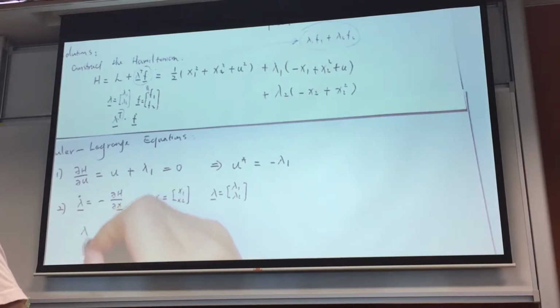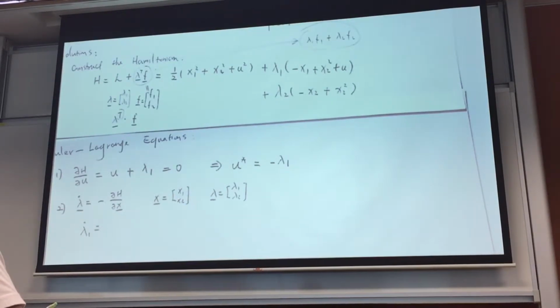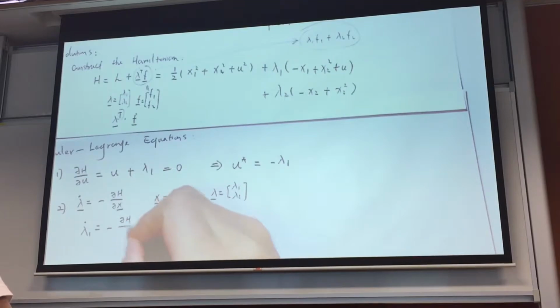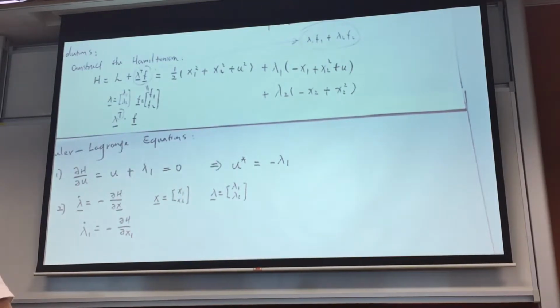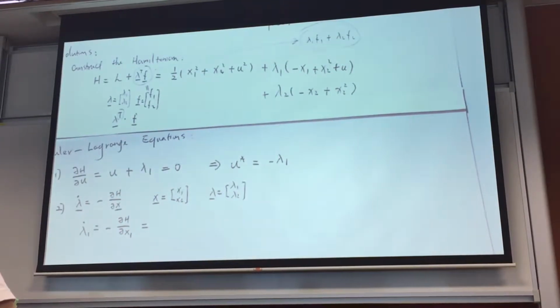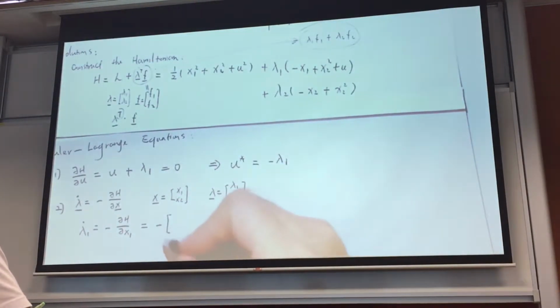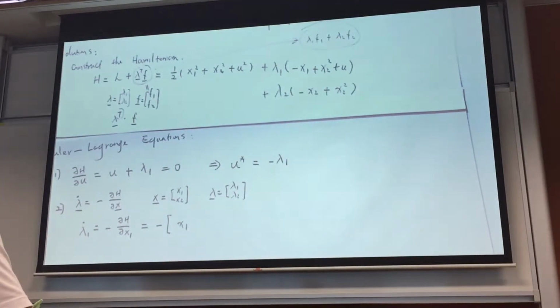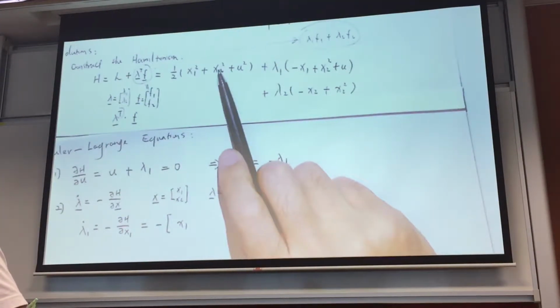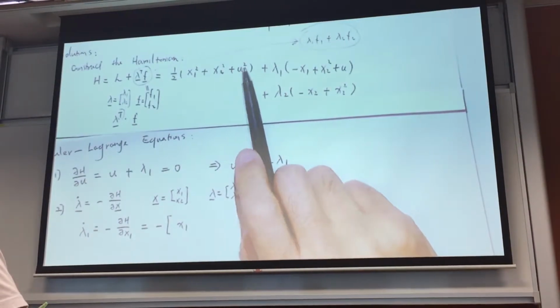So we will solve lambda 1 dot equal to minus dH/dx1. We will solve dH/dx1 from H. The first term gives us 2x1, so this will be x1. The u squared term will be 0.